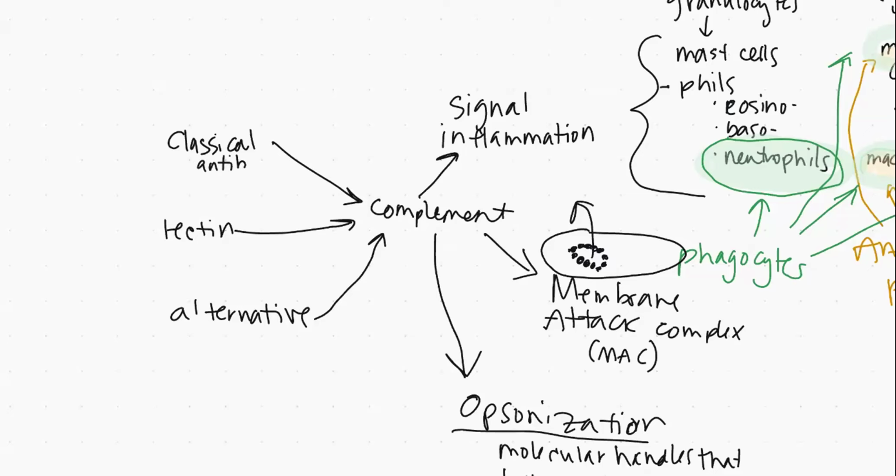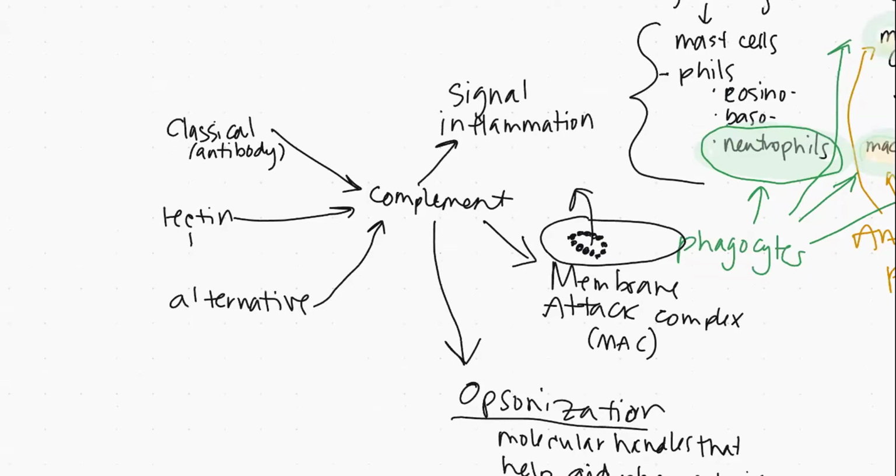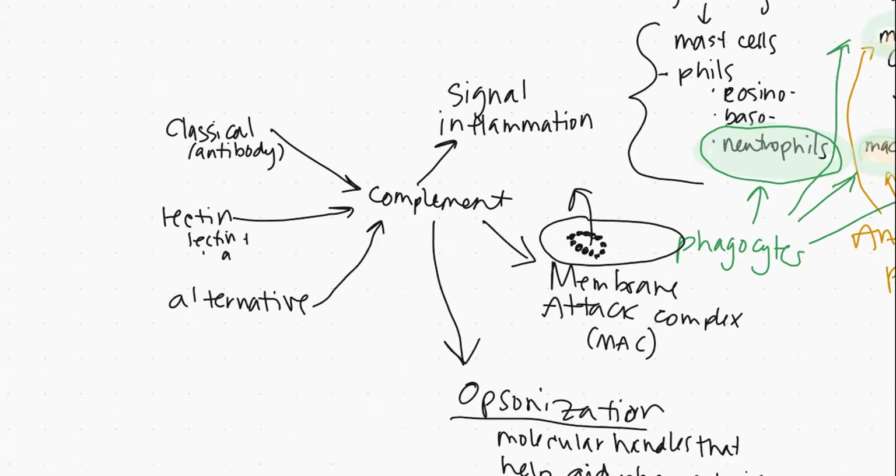The lectin pathway is when a protein called lectin binds sugars that are on the surfaces of bacteria called mannose. We'll just put bacterial sugars. Bacterial sugar activates the lectin pathway.